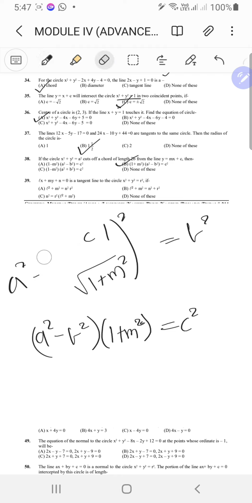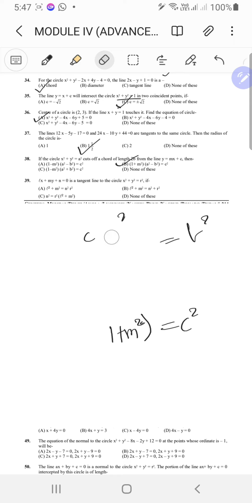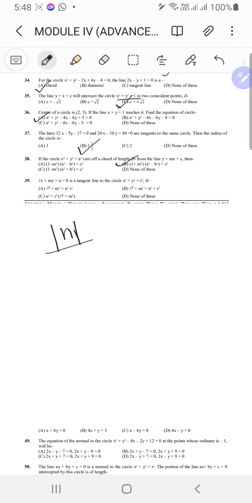Okay, let's move on. Lx plus my plus n equal to 0 is a tangent line to the circle x squared plus y squared equal to r squared if. So tangent to that circle if L squared plus n squared equals to, okay, so another equation we need to find, right? Once again, it's centered at 0 comma 0, so just find the perpendicular distance, which is mod of n upon the square root of L squared plus M squared.